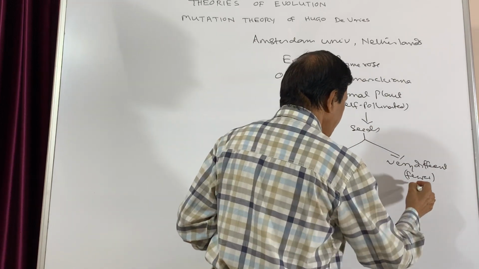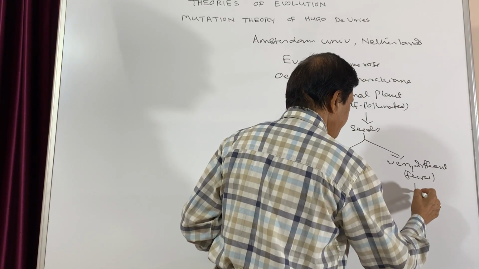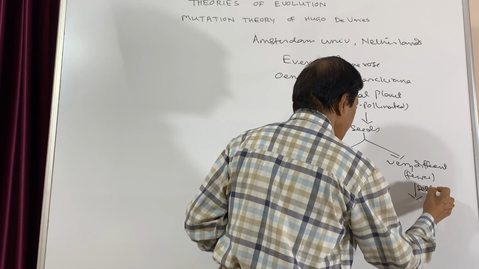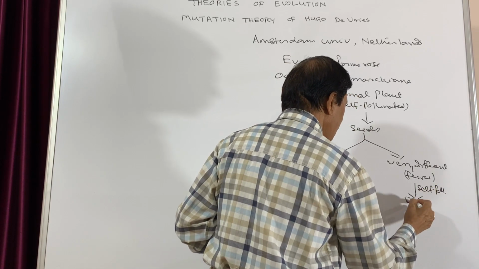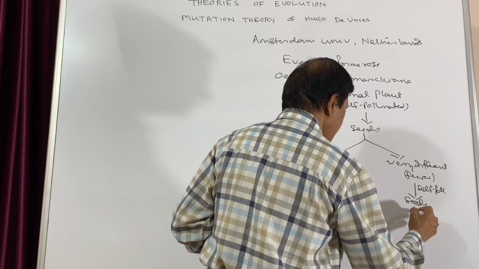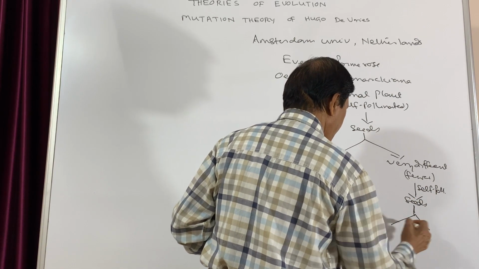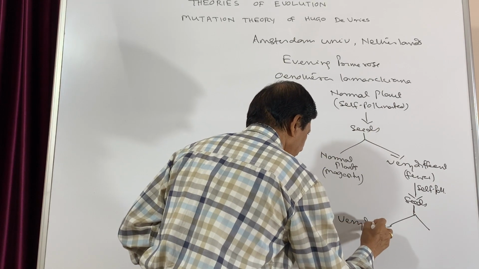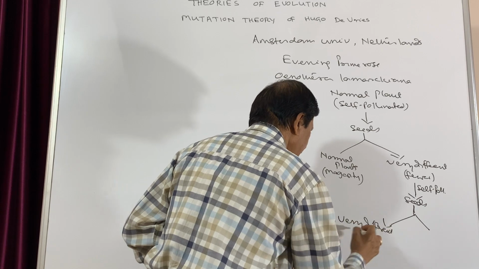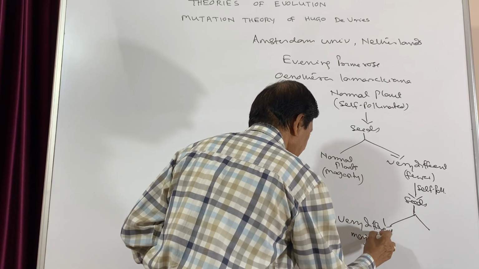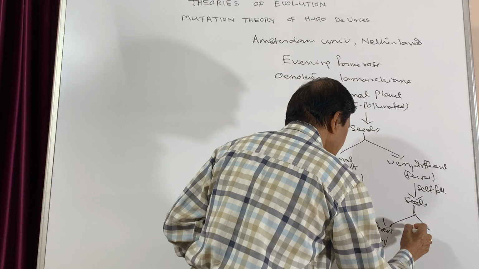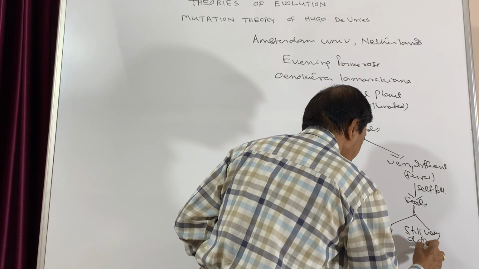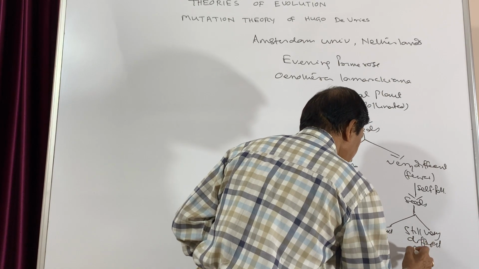Now again, these plants were self-pollinated, and the seeds were collected and sown. Again some plants are very different, and these are the majority, while some plants are still very different, and these were very few in number.